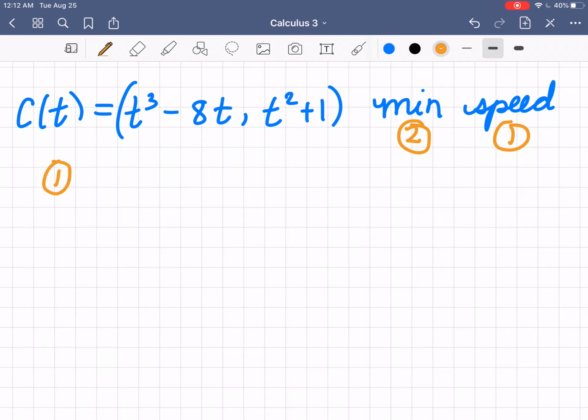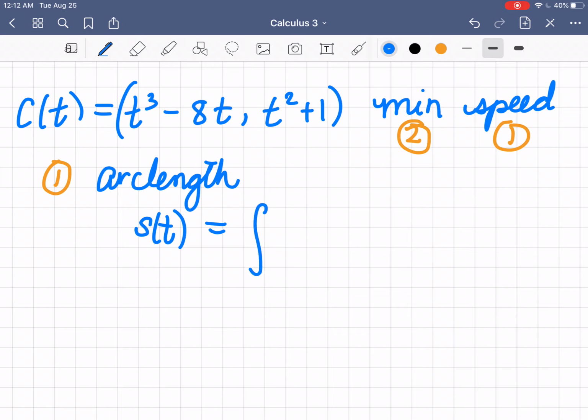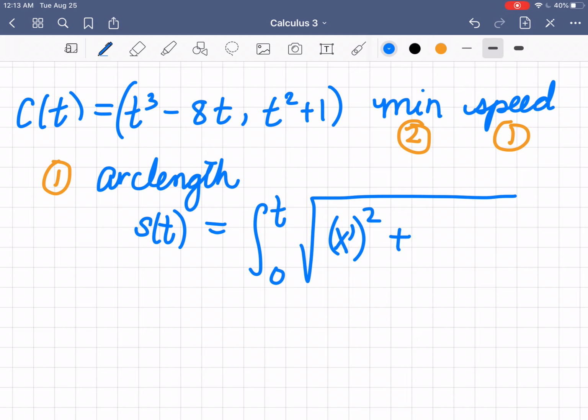And as you know in the book, when you read the section on parametric equations, to figure out the speed, you've got to first figure out the arc length. And this we figure out by computing the integral, in this case from 0 to t, of the square root of the derivative of the x component squared plus the derivative of the y component squared.